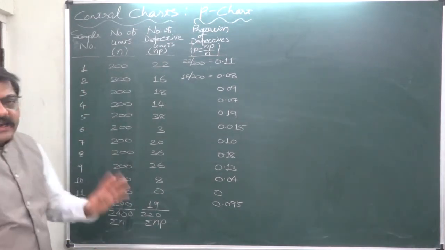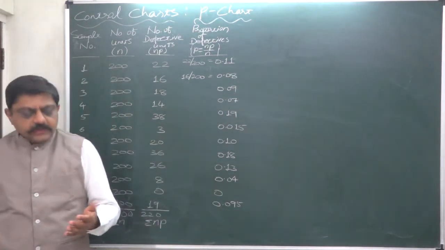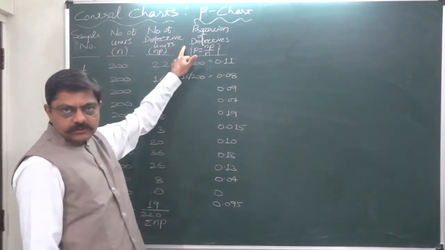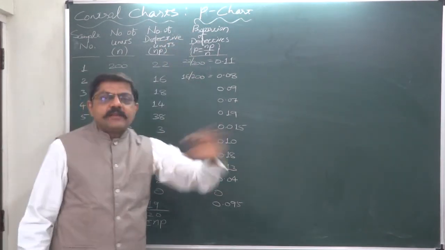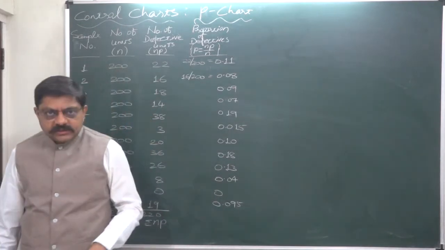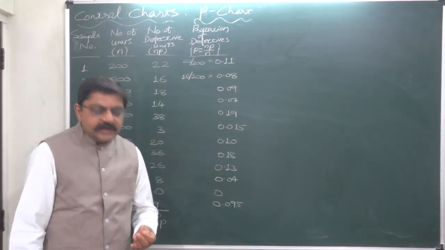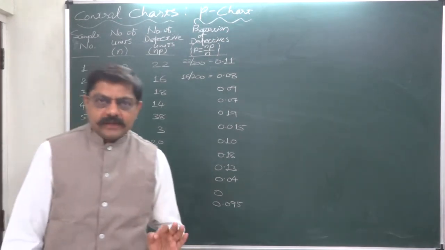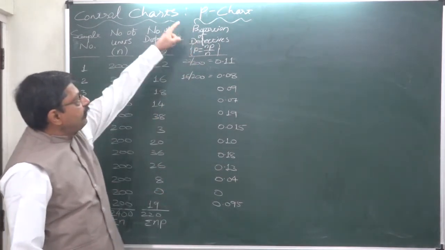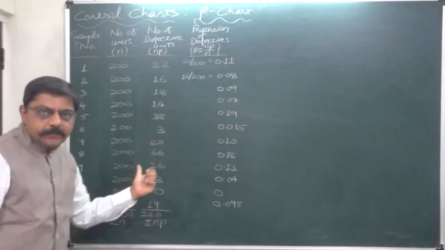Now, in case of the P chart, we can construct it in two forms. One is directly the proportion of defectives, and another variant, which is not as popular. Some authors ignore to discuss that variant, but it is a very important variant, and that is the percentage defectives variable. The meaning of P here is the proportion of defectives in each sample.